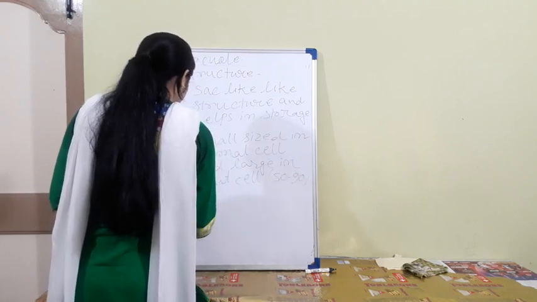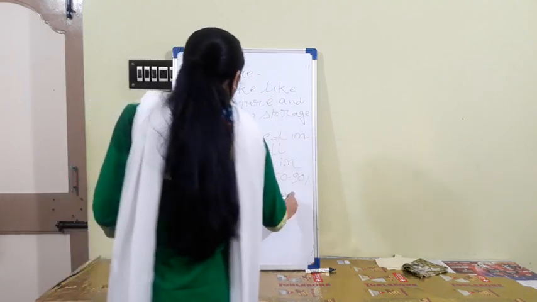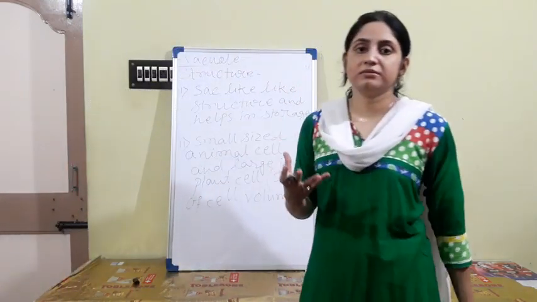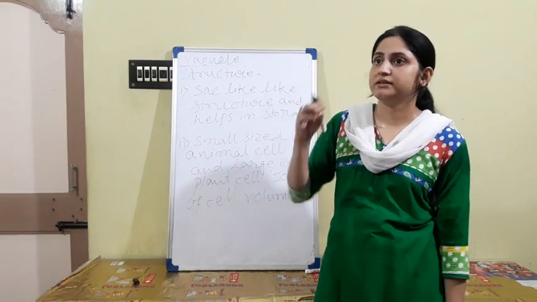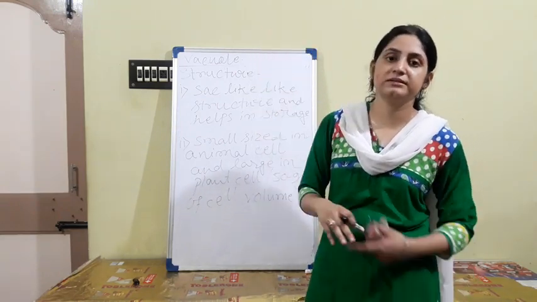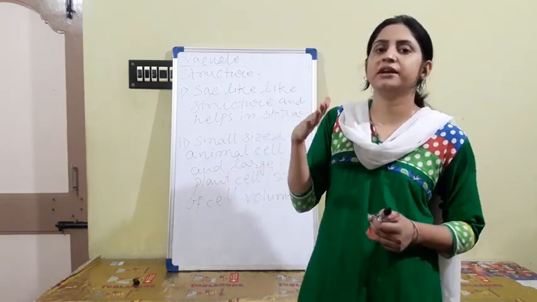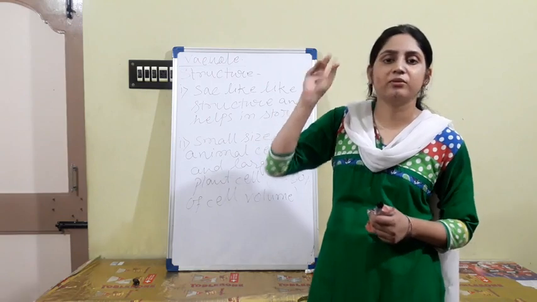90% of cell volume. Okay, so vacuole, you have seen that in the animal cell all over the cell, small vacuoles are present, but in the plant cell at the center or slightly to the side of the center, a large vacuole is present.